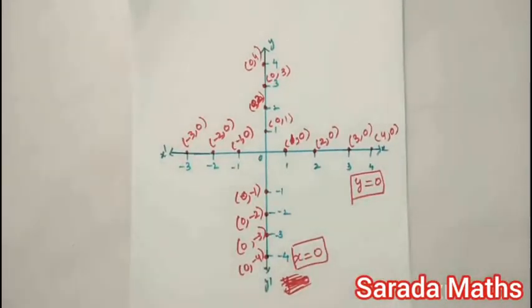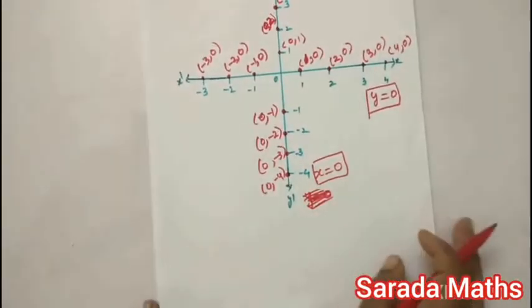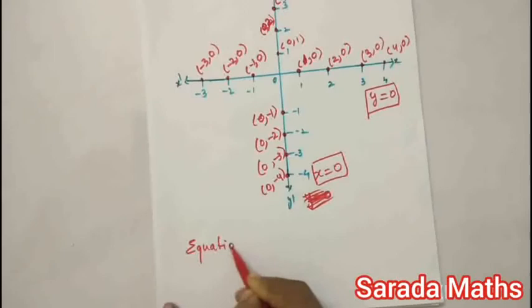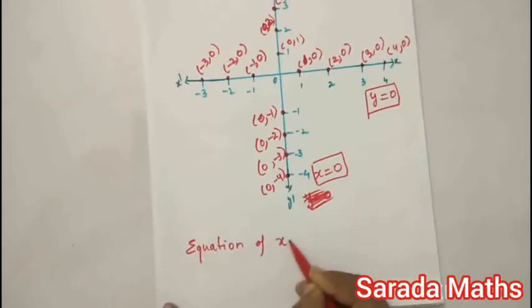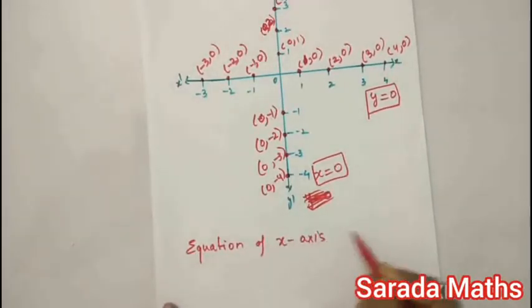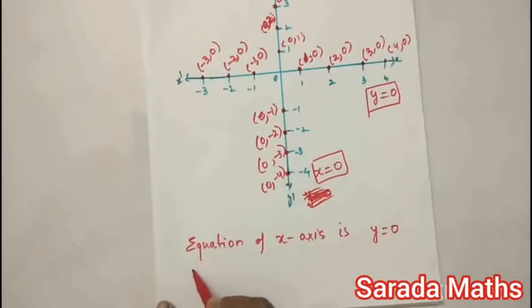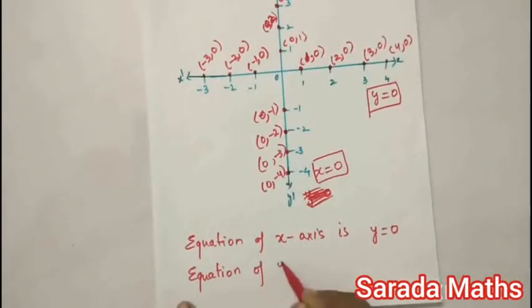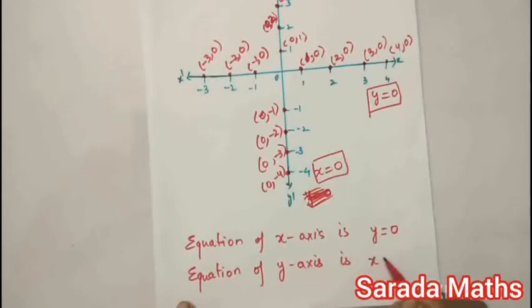And the equation of the x-axis will be y equal to 0. So finally, the equation of the x-axis is y equal to 0, and the equation of the y-axis is x is equal to 0, because the value of x will be 0 on the y-axis.